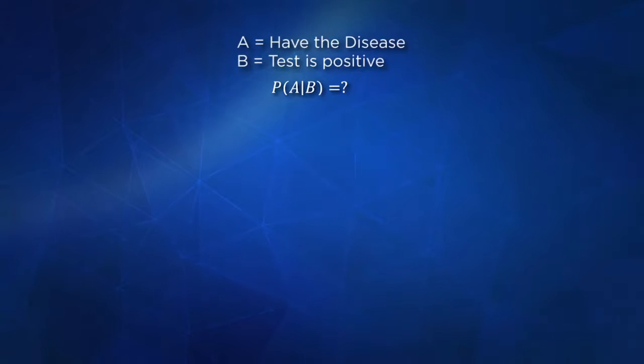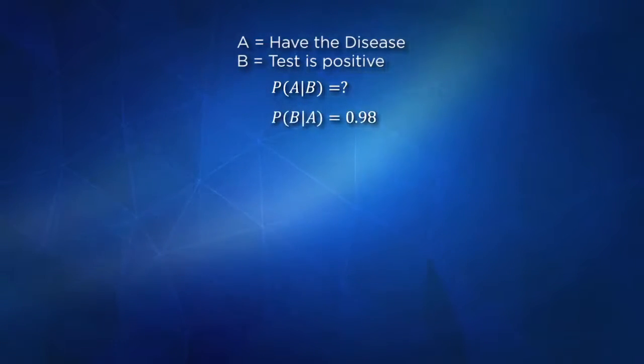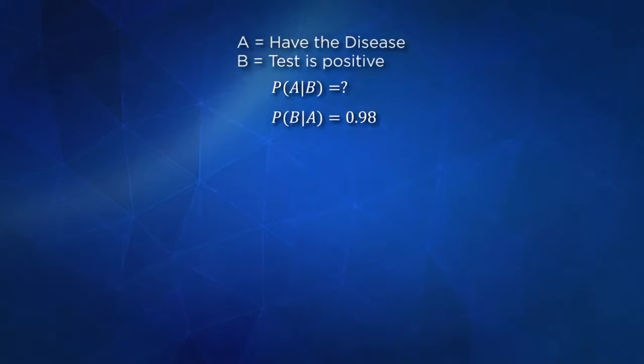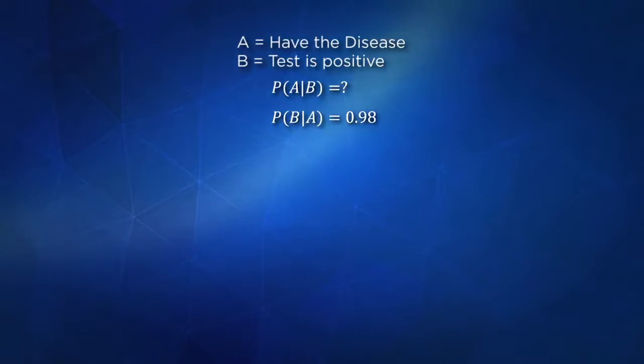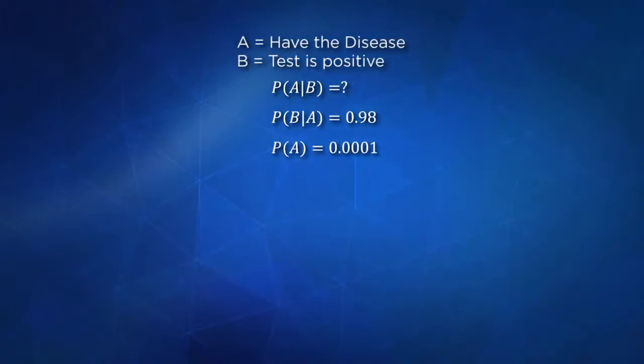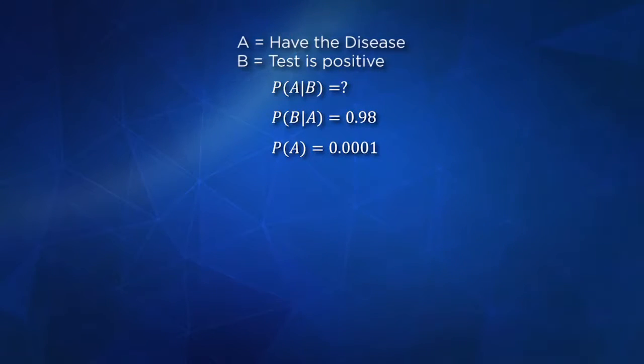First, let's write out what we do know. The probability of B given A, the probability that the test is positive, given that we have the disease, is 0.98 or 98%. Likewise, the probability of the disease is 1 in 10,000 or 0.0001.